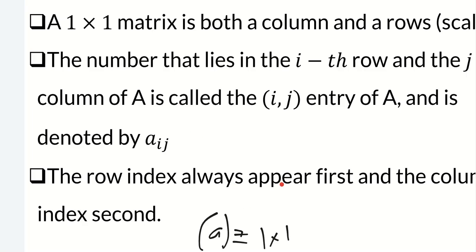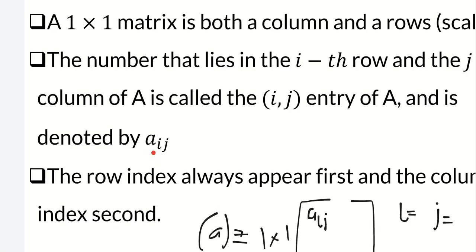Now, for indexing, like what Mariama said, we can use the positions i and j to denote entries. If I use a with subscripts i and j, the i can be any number, and the j can also be any number, depending on the indexing you want.